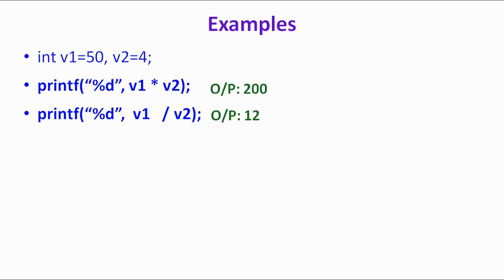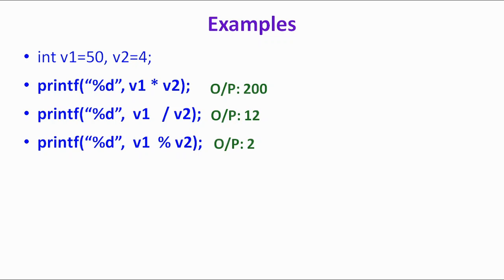This is because since the two variables are integers and the format specifier is also %d, the division is carried out as integer division and so the fractional part is ignored. To obtain the result with the fractional part, we should do something called typecasting, which we will discuss later.